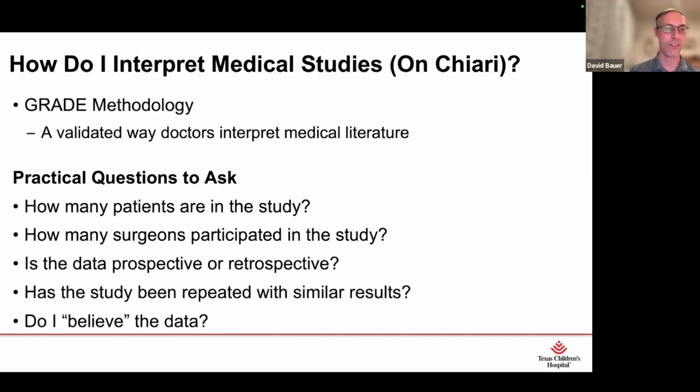And so, if it's a single surgeon and no one can replicate the results, then maybe there's something that surgeon is doing that the surgeon hasn't taught, or the other surgeons don't know. Maybe there's something else going on. So I find if there are multiple surgeons all getting similar results, then the study results are more believable.